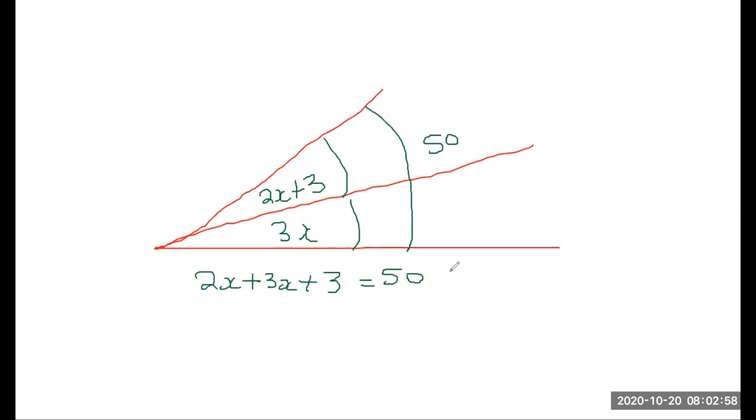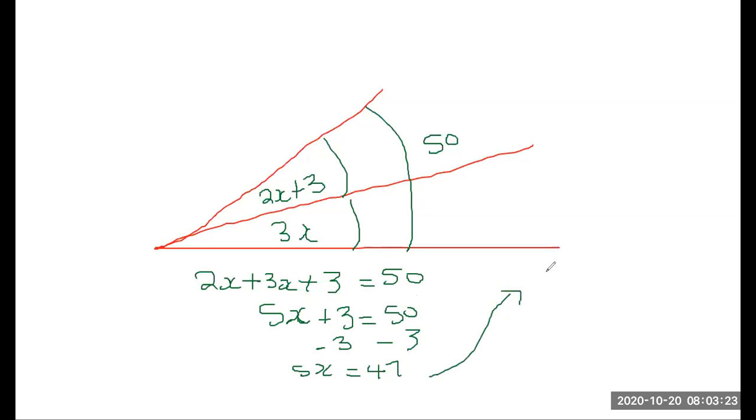That's right. You see, we already grouped like terms, the 2x and the 3x. So then if we work that out, we get 5x plus 3 equals 50. And then we'll solve by doing the additive inverse first. So 5x is equal to 47. And then x is equal to 47 over 5.